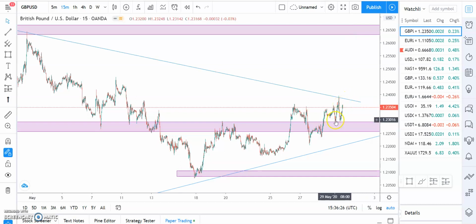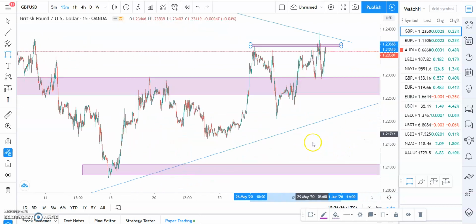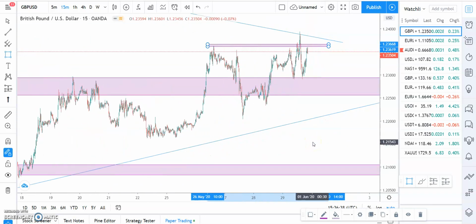But now the problem is we are also at a resistance level. If you can see, we're also at a resistance level here, right? There are a couple of times price was bouncing around this zone.